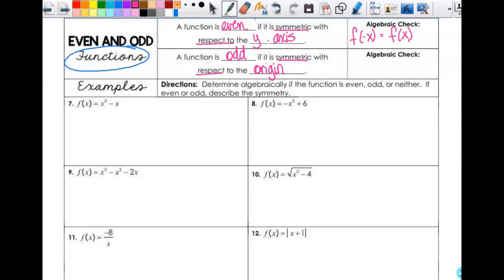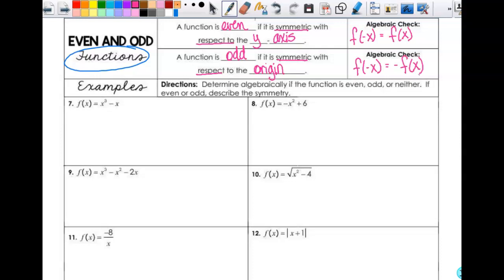For origin symmetry, if I substitute in a negative x, then that should give me negative f of x. So in this case, I'm not substituting an x or a y or both. We're only using x for even and odd functions. And we either get f of x back, that makes it an even function, negative f of x back, that makes it odd, or if we don't get either one of those, then it's neither.